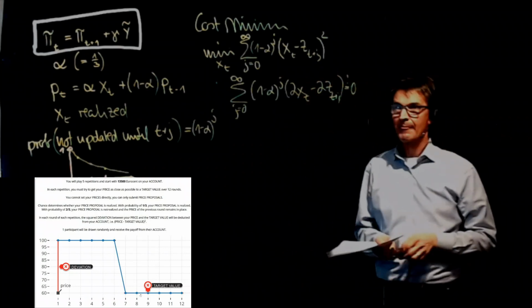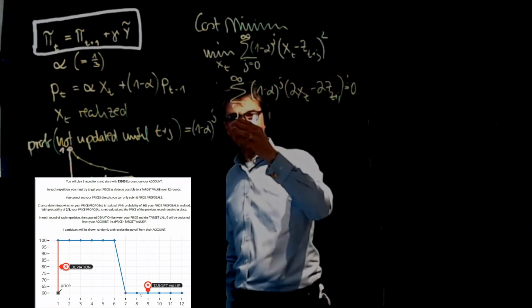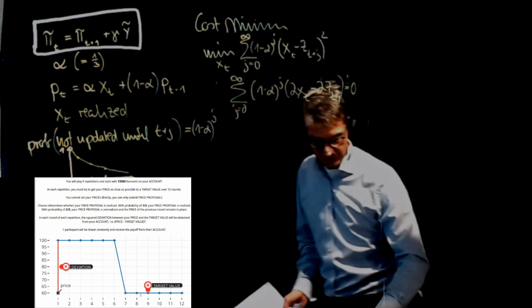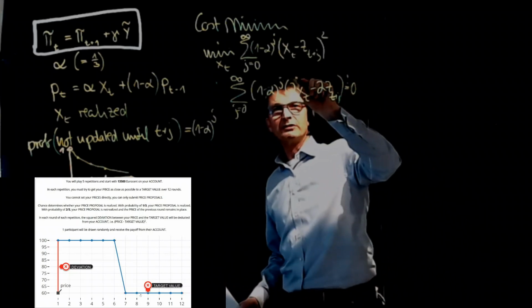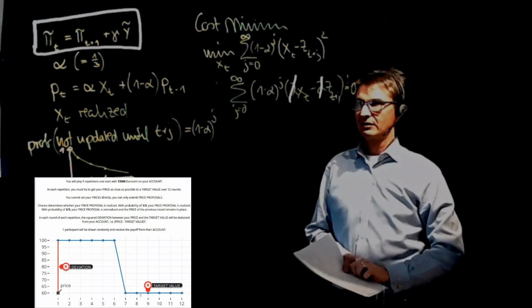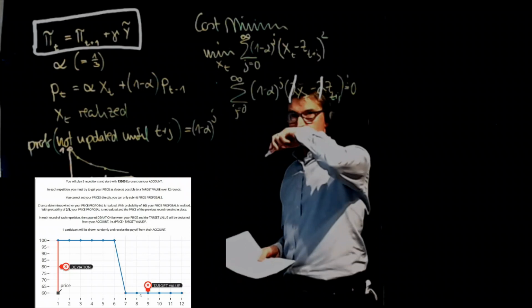Okay. Now, this can be simplified easily. First thing to see is this 2. We don't need that. We just divide by 2 on both sides, so that's gone. What else?